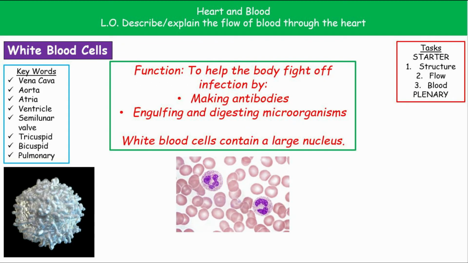Hopefully what we remember is that the white blood cells are the ones that help your body to fight off infection. And there's two ways that they can do this. The first is they make a substance called an antibody, and the second is they engulf and digest microorganisms.